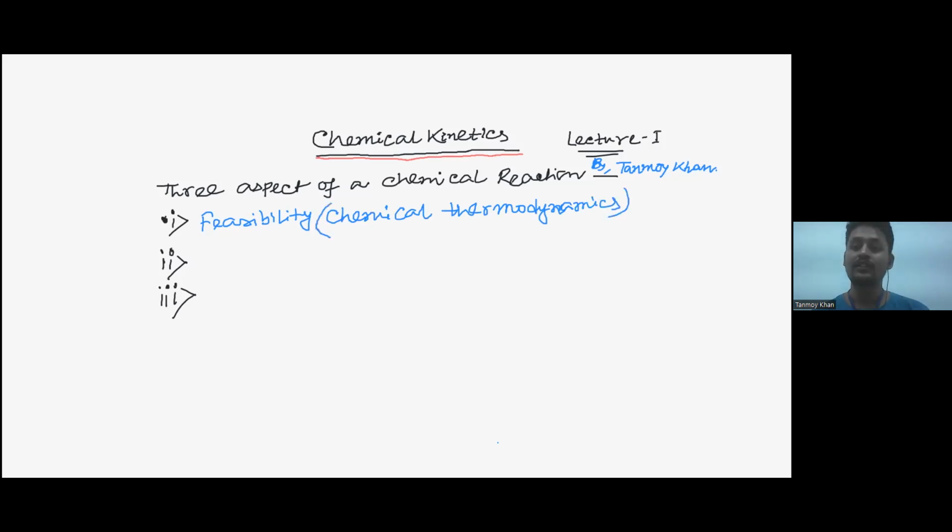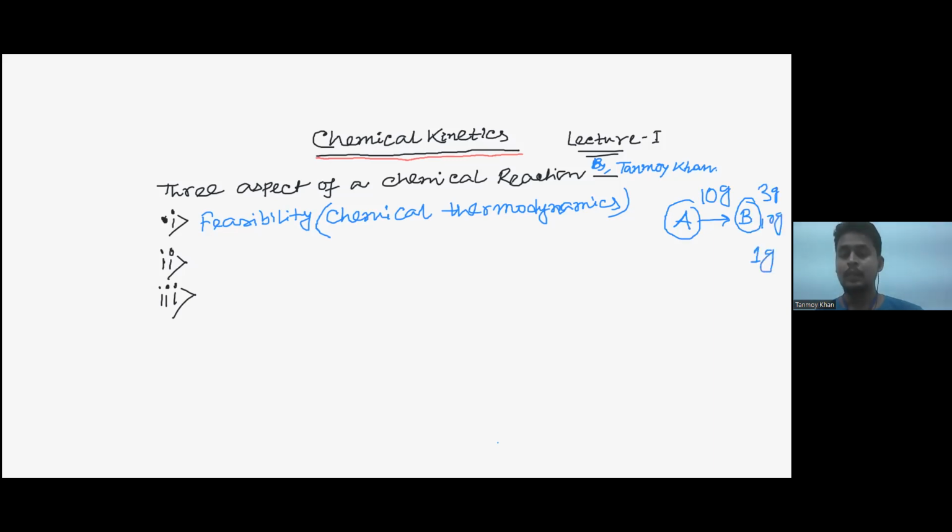Now, let's say the reaction is actually occurring. Then how much product will you get? If you think about A to B, let's say you start with 10 gram of A, how much B will you get? It's 3 gram, or 10 gram, or 1 gram.